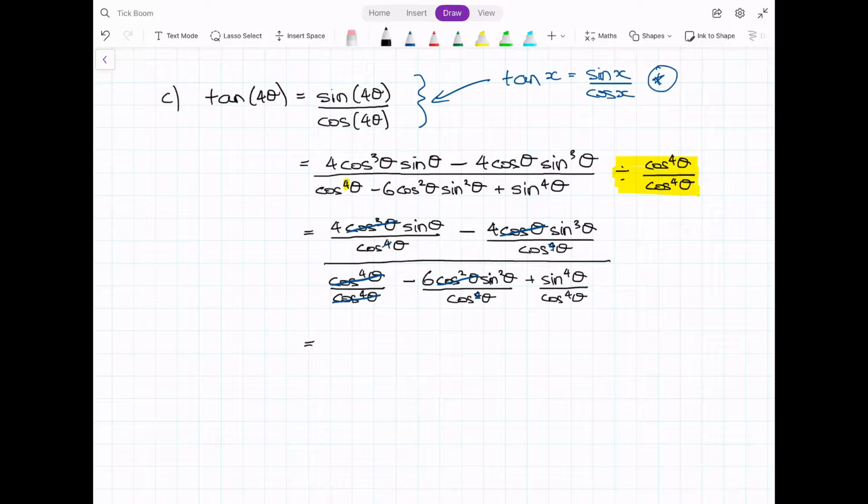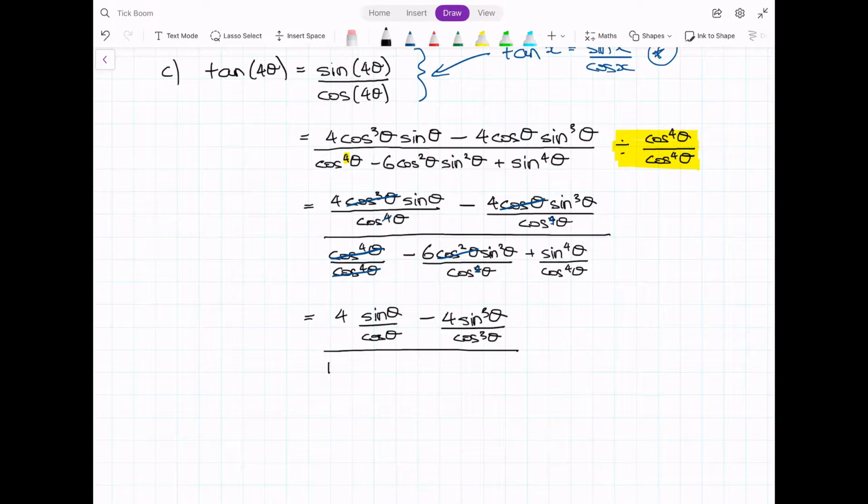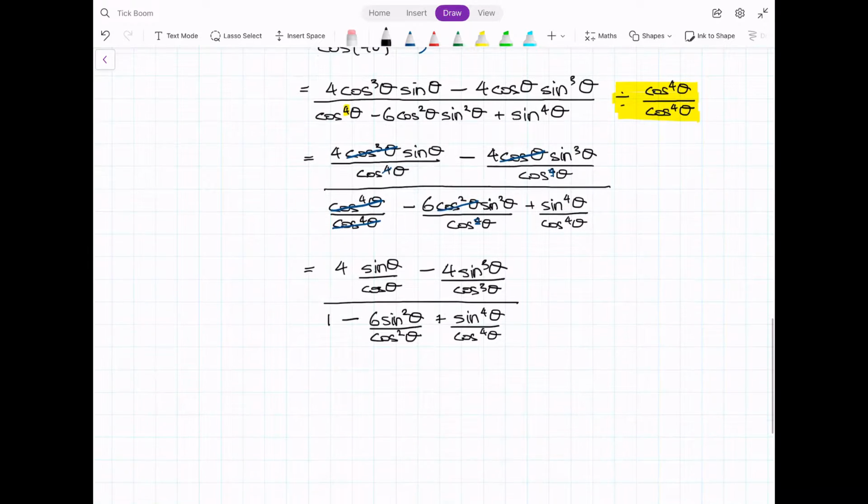So we get 4 times sine theta over cosine theta minus 4 times sine cubed theta over cosine cubed theta, and all of that is divided by 1 minus 6 sine squared theta over cosine squared theta plus sine to the 4 theta over cosine to the 4 theta. And now we can make use of our identity about tan being sine over cosine.